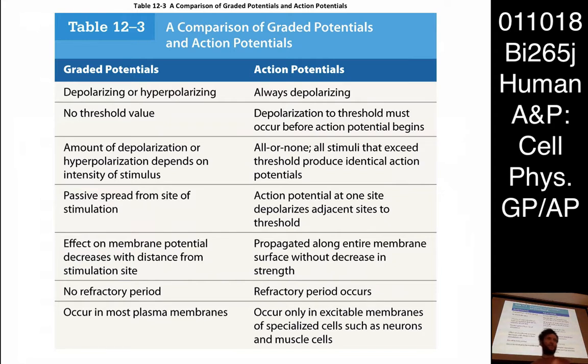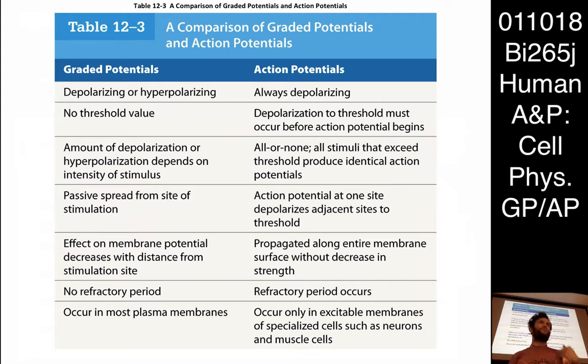So an action potential is always going to be depolarizing. You have to hit a threshold before that happens. And it's all or none. You either start it or you don't reach the threshold. Once you reach the threshold, it's just like a snap trap, a mouse trap. Once it's been triggered, it goes. It doesn't go halfway.